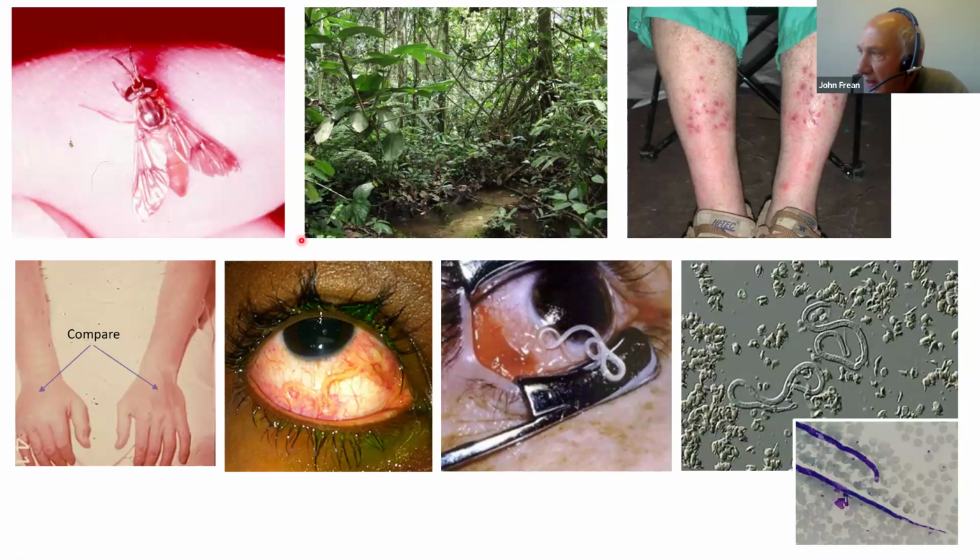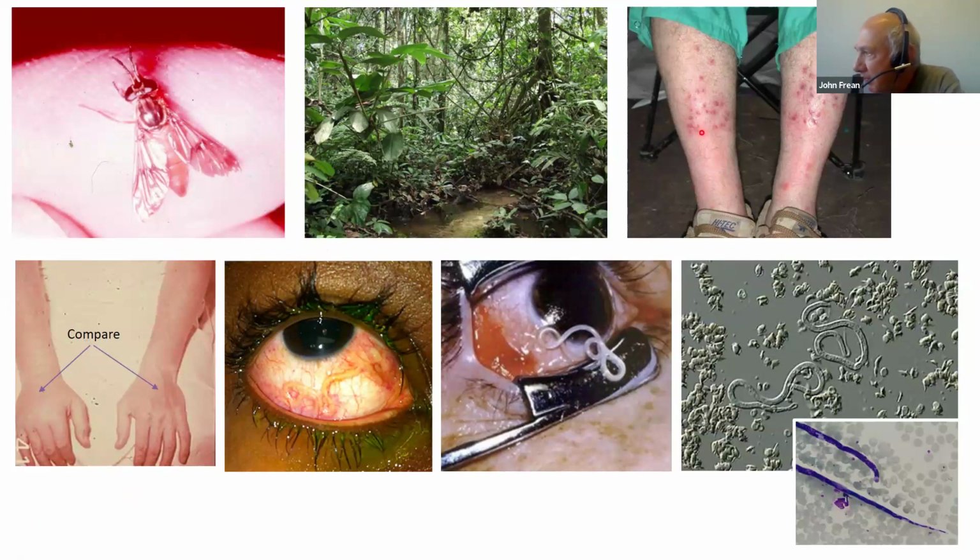So this is a summary of loiasis in one slide. It's a filarial disease. The parasites are transmitted by tabanid flies, which breed on forest floors, the moist covering of forest floors. They're blood feeders.